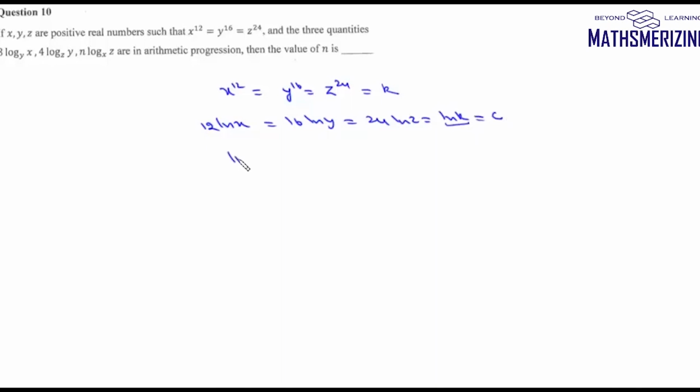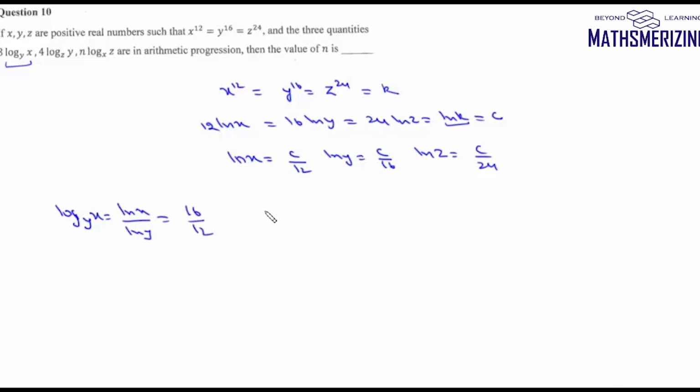So from here we can write log x is c by 12, log y is c by 16, and log z is c by 24. Now we can write log x base y. So we know that log x base y, we can write it as log x upon log y using base changing property. So log x upon log y will simply be 16 by 12.